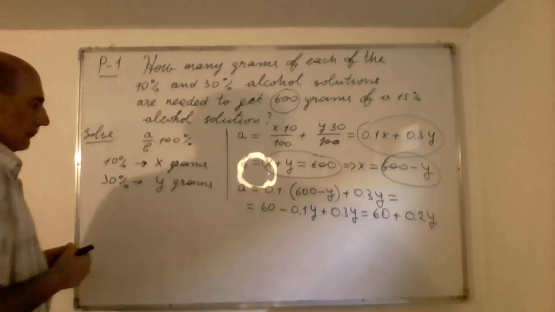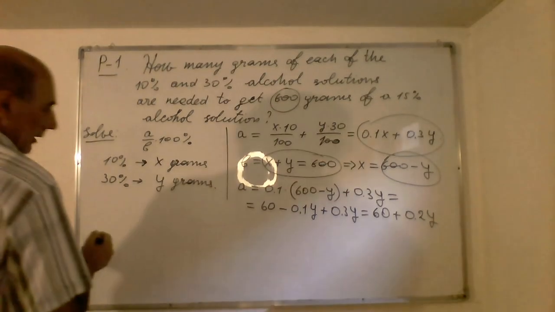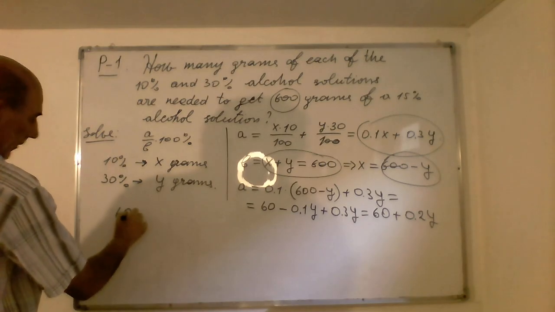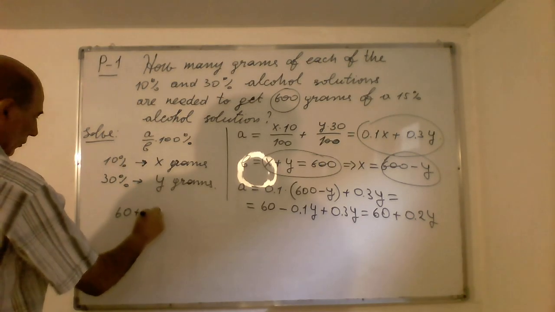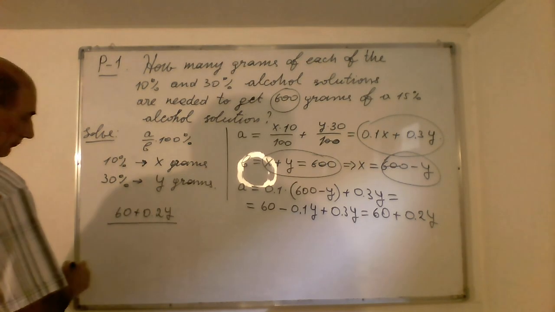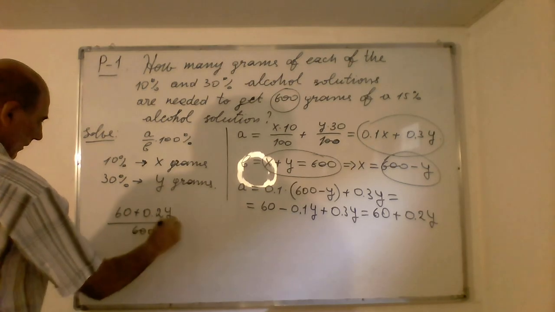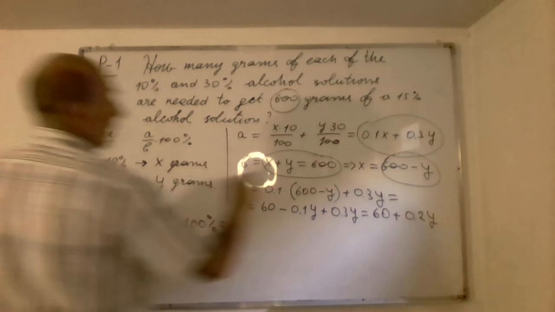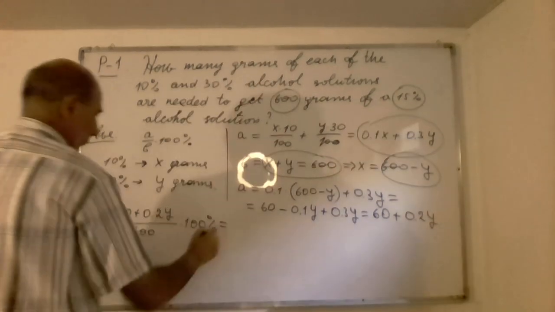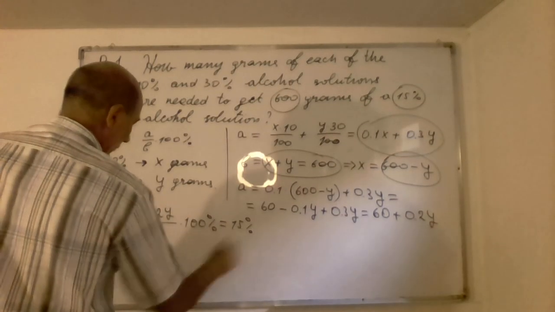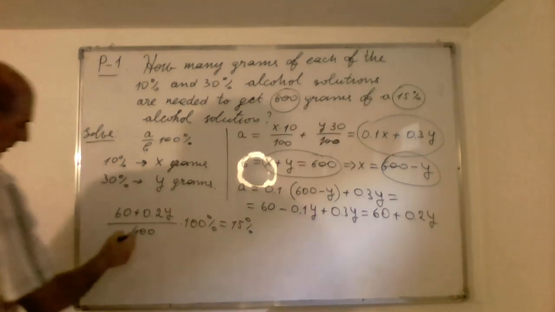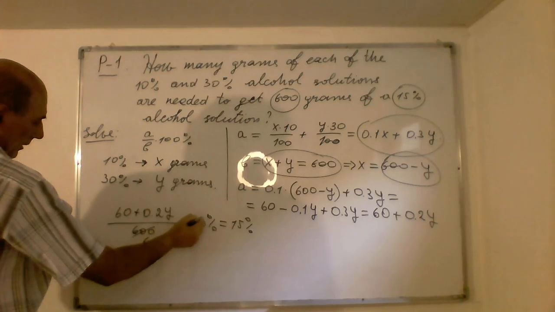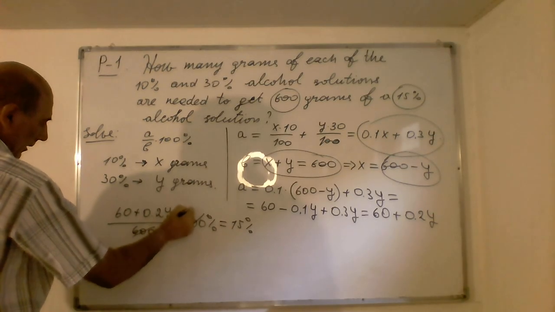And then we can write this equation: 60 plus 0.2y divided by 600 times 100%, which equals 15%. And 600 divided by 100 is 6. 100 divided by 100 is 1.